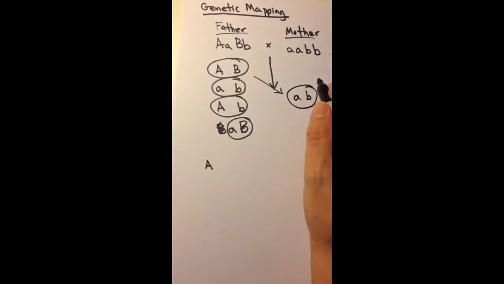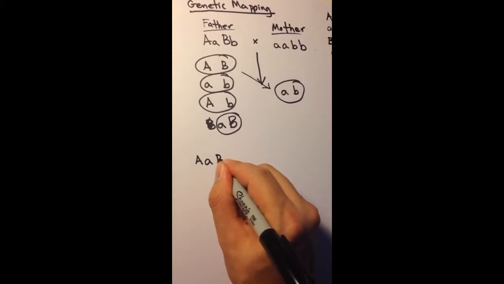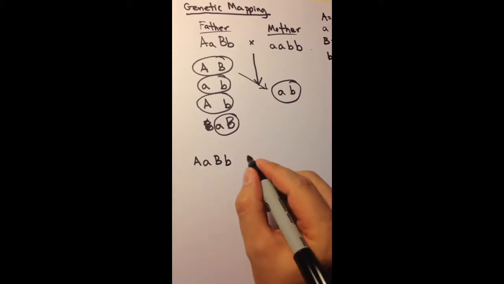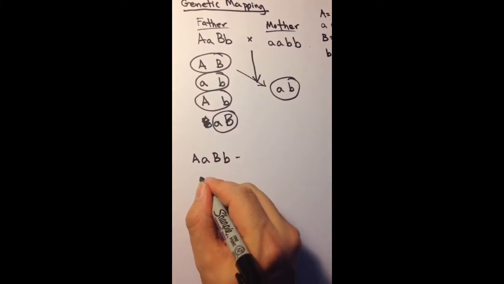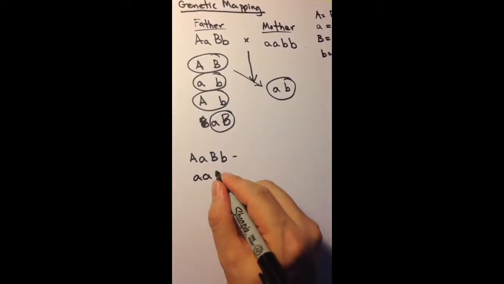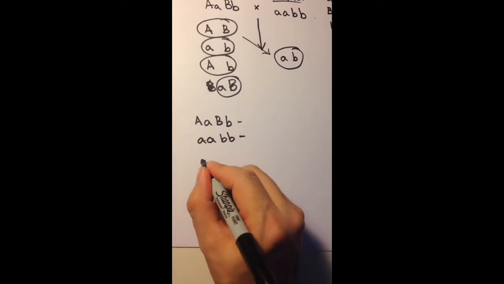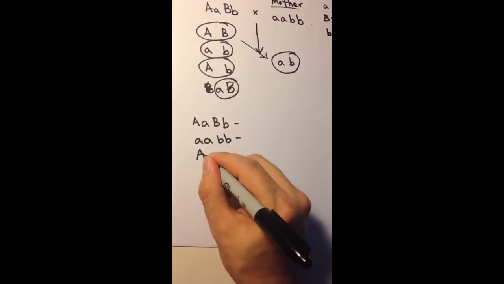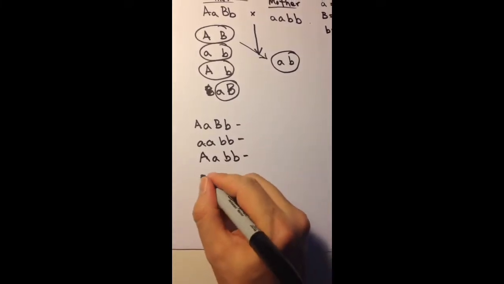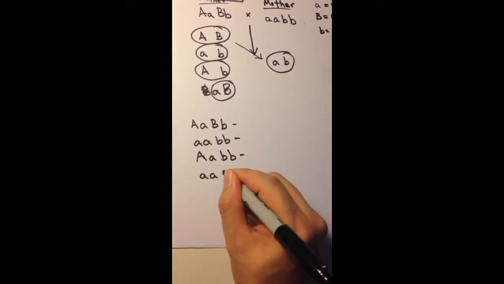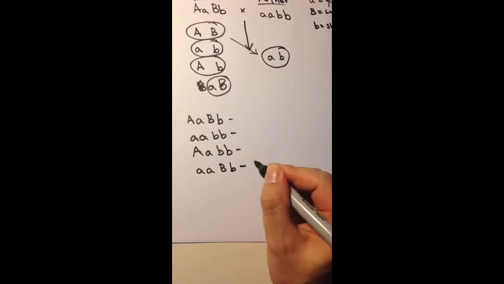If it combines with the mother's egg cell, you're going to have this situation. If the father gives this gamete, you're going to have this combination. And if the father gives this gamete here, you're going to have this situation.